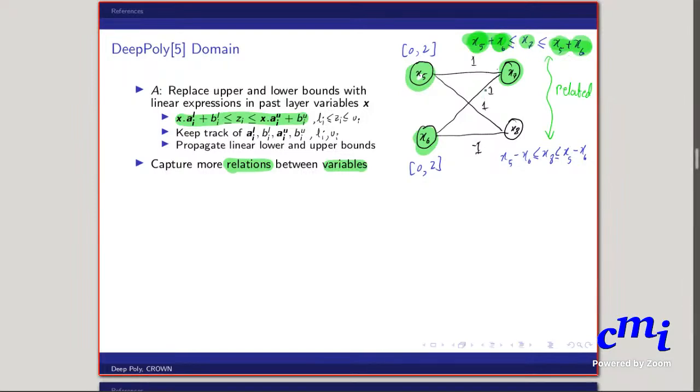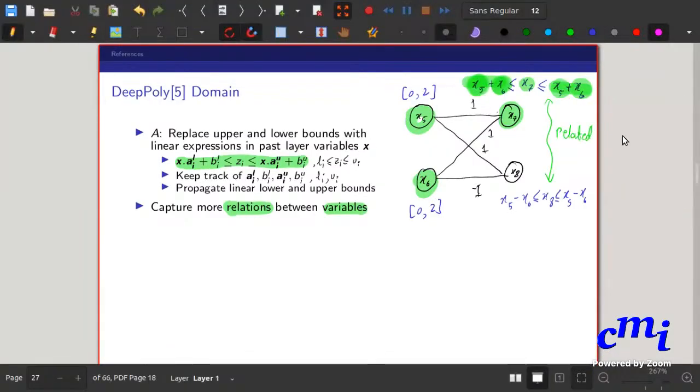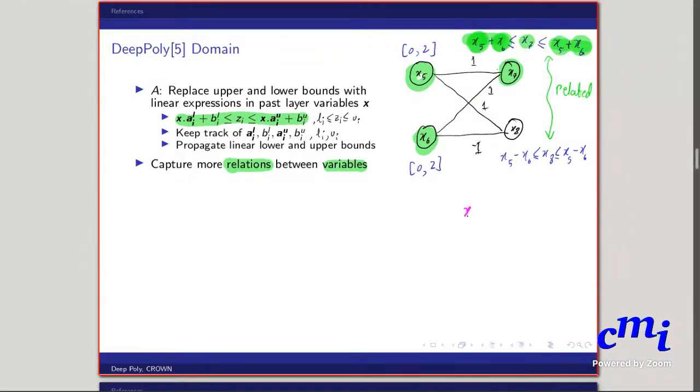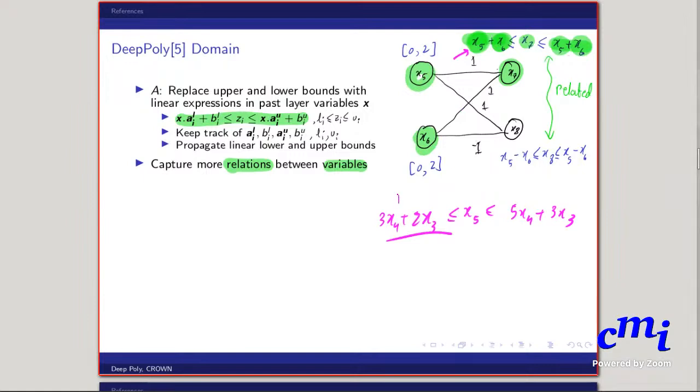So if we had some relation that said, for example's sake, x5 is greater than or equal to 3x4 plus 2x3, and less than or equal to 5x4 plus 3x3, then you can substitute this into here and get an upper bound involving x4, x3, and x6. If you have another similar bound for x6, you can substitute that as well.